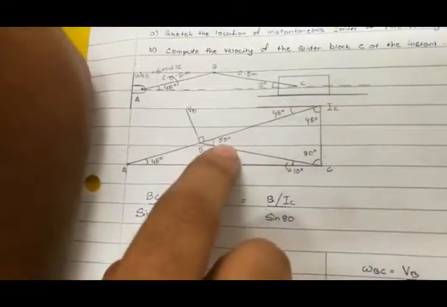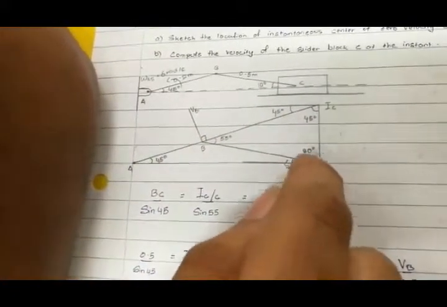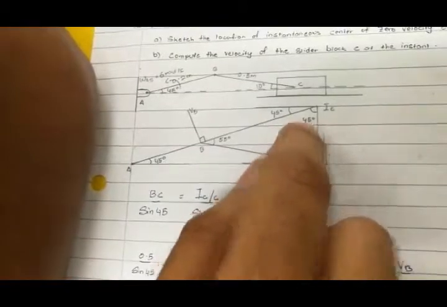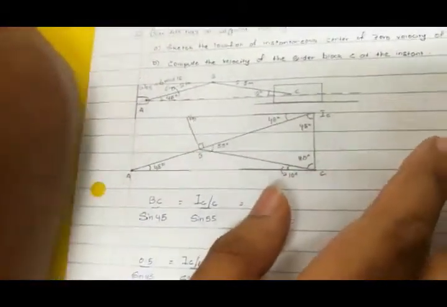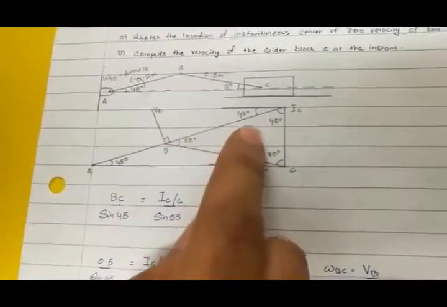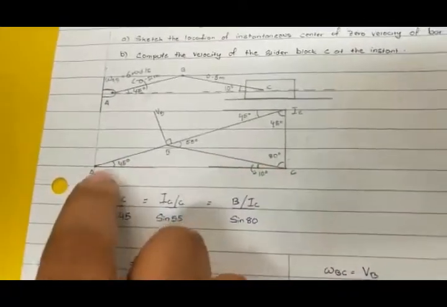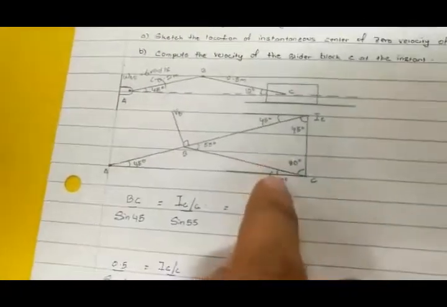First of all, looking at this diagram, we must find the angles in each of it. The angles inside are 45, 80 and 55. How can we find these angles? From this triangle, we are given 45 degree and 10 degree.